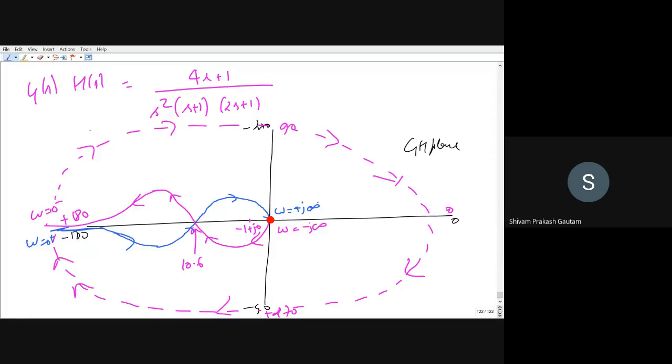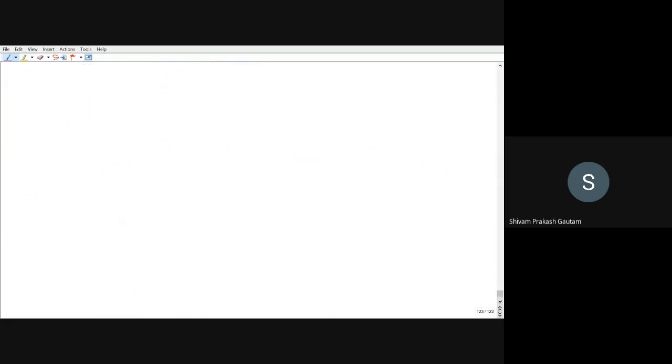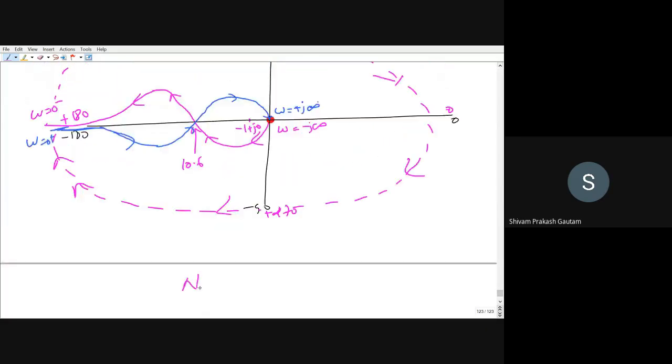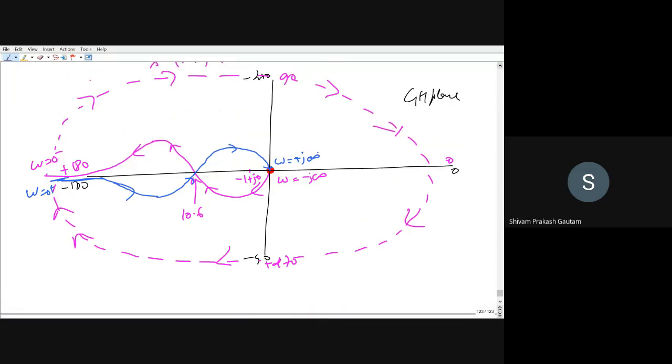Now we have drawn this. Now we have to calculate the stability criteria. What is stability criteria? N is equal to P minus Z, where N is net encirclement of point minus 1 plus j0. Tell me how many encirclements of point minus 1 plus j0 you see? One encirclement is here.